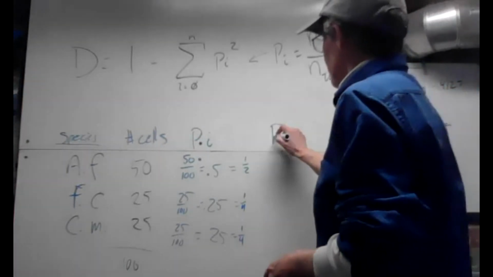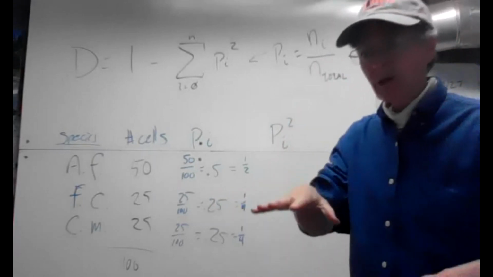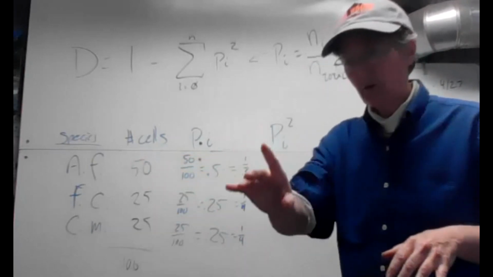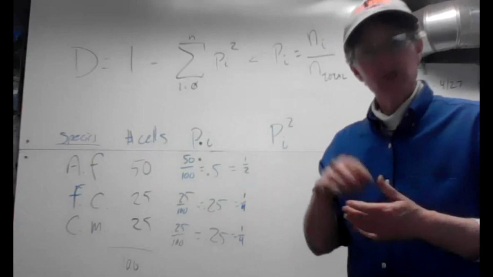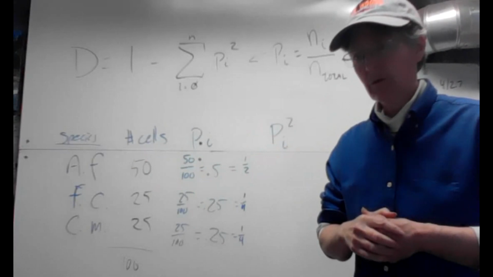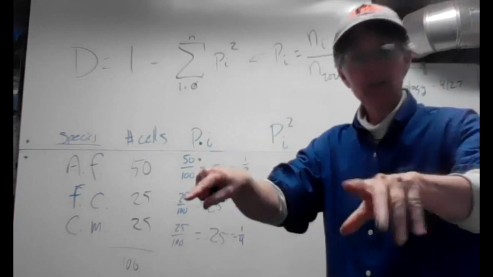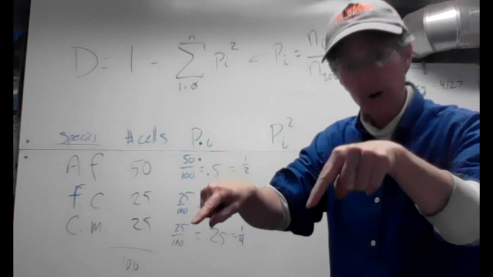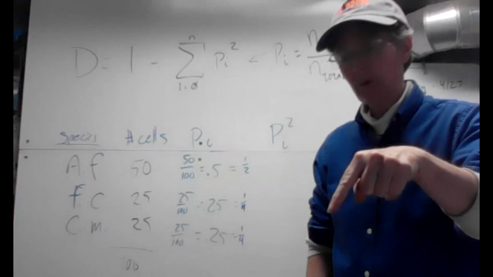p sub i squared, right? If you've got a community and half of the cells are Asterionella formosa, and you just pick one cell at random, there's a 50-50 chance that cell will be Asterionella formosa, because half the cells are. So I've got my finger on the microscope slide, and let's say I picked another cell at random. What are the chances this one is Asterionella formosa?